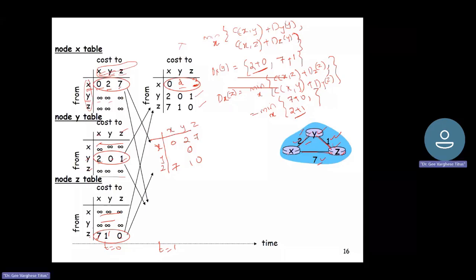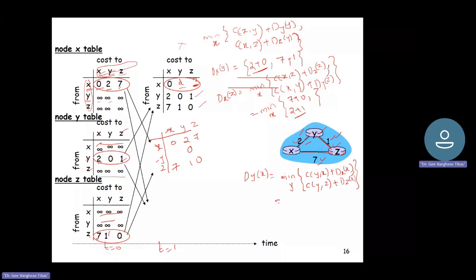Now, based on the Bellman-Ford equation, you have to compute the cost of sending your data from Y to X. The Bellman-Ford equation takes the minimum across all neighbors of Y. From Y you want to send it to X, so the cost of sending your data from Y to X plus the cost of sending your data from X to X. Or else Y can send it to Z, so the cost of sending your data from Y to Z plus the least cost of sending your data from Z to X. So which is minimum?